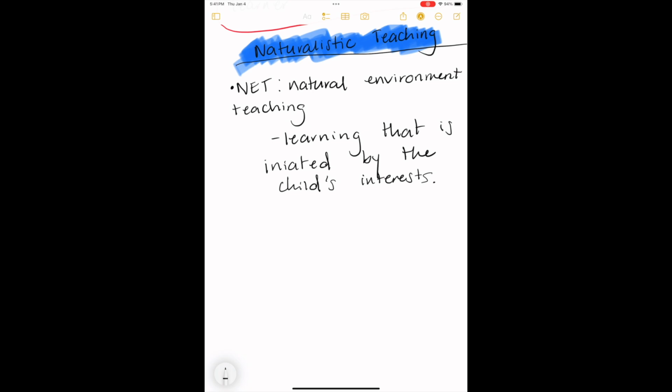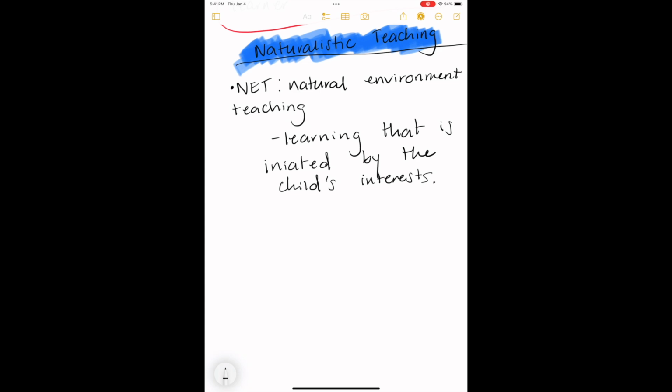Because the children and your learners, they're not going to say, teach me this, right? They're never going to do that. So when I say learning that is initiated by the child's interests, I mean you may be reinforcing the child, and they might be looking at toys or engaging with toys or playing with a doll.